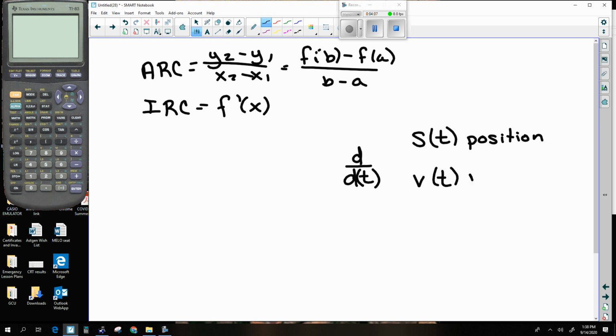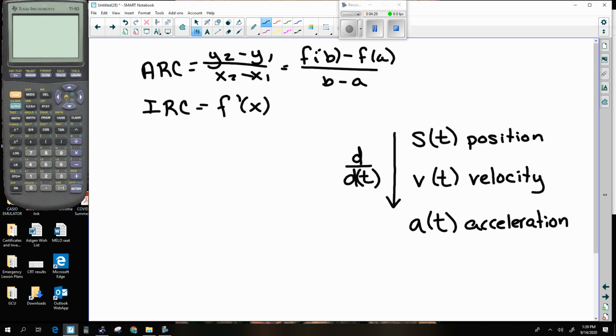V of t is the velocity of a particular thing. And then A of t is the acceleration. I don't know why position is an S, but it is. And if you take a derivative, you're going down in that direction.